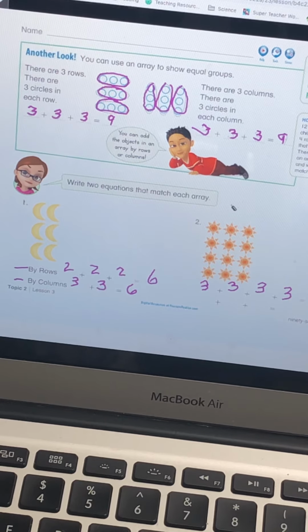All right, let's count the same picture, only this time by columns. Are you ready? How many suns are in this column? 4. Good. How many are in this column? 4. And how many are in this column? 4. What is 4 plus 4 plus 4?